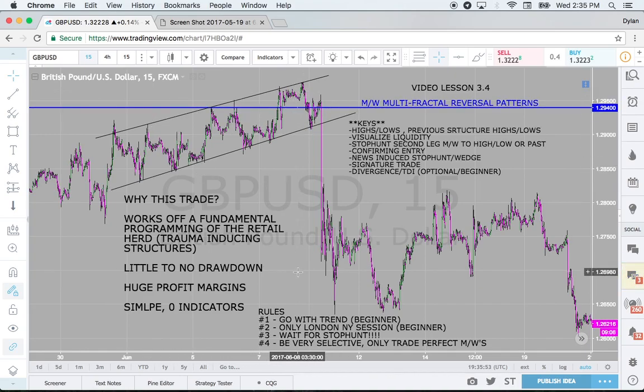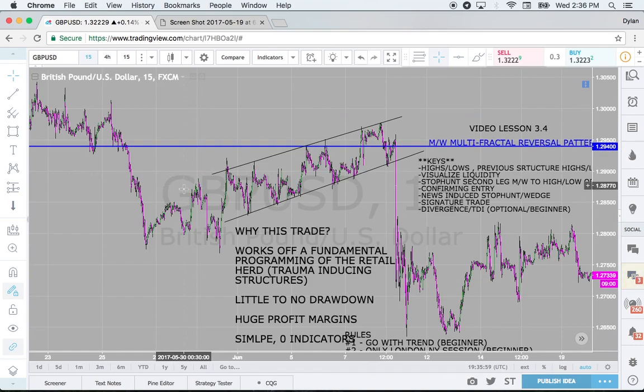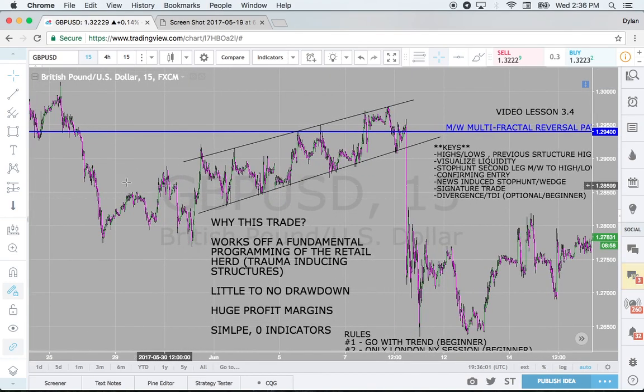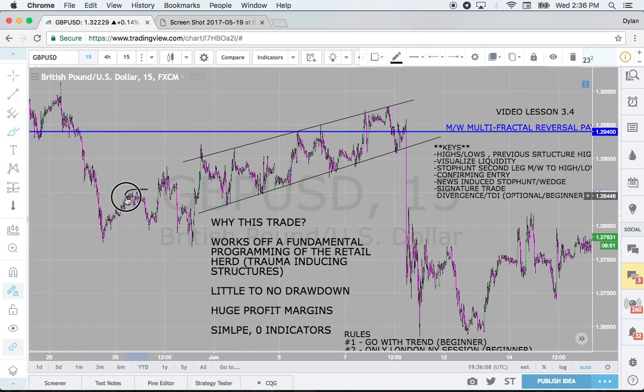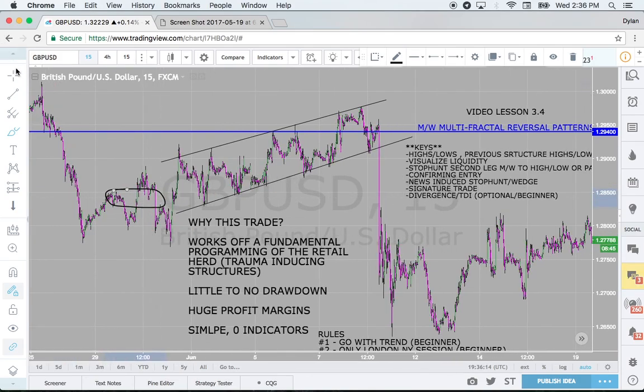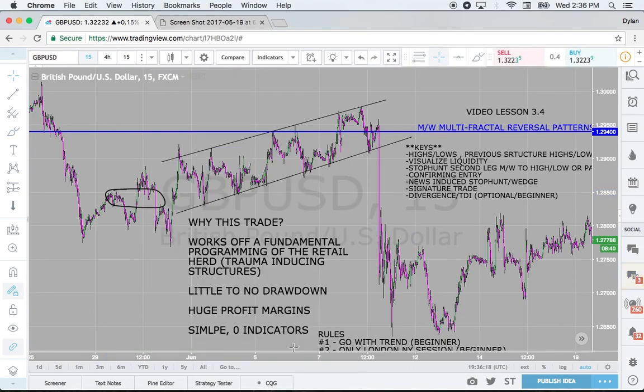So just imagine to yourself how it would feel if you were in a buy position anywhere in this area you bought, and let's see how many days, about 2 weeks.